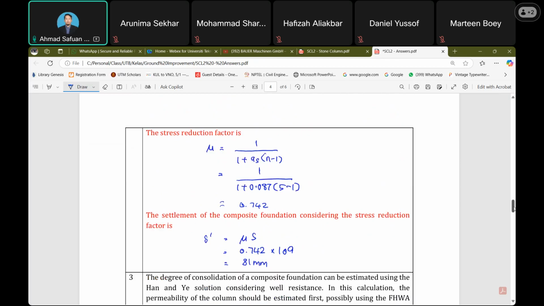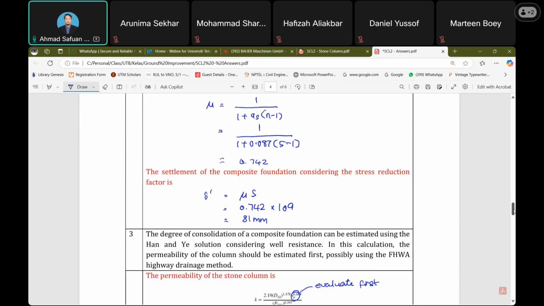So by having this composite foundation, we have reduced the amount of settlement from 109 to 81 millimeter. Okay, so that is for the settlement.